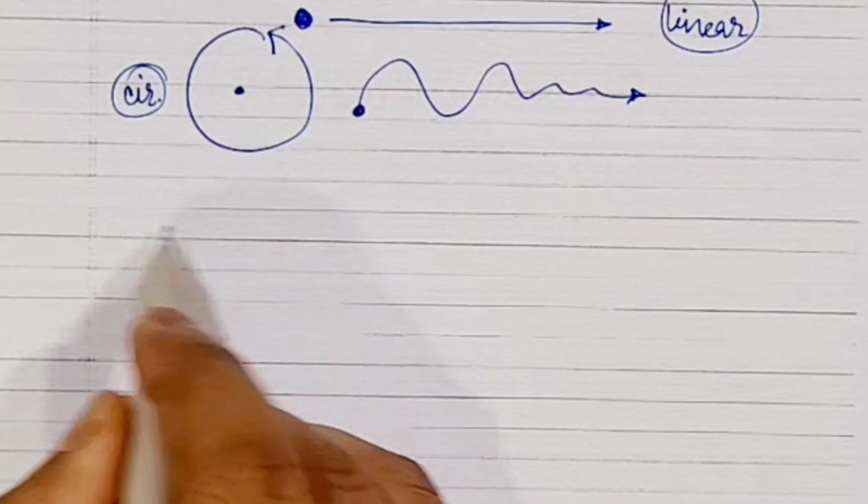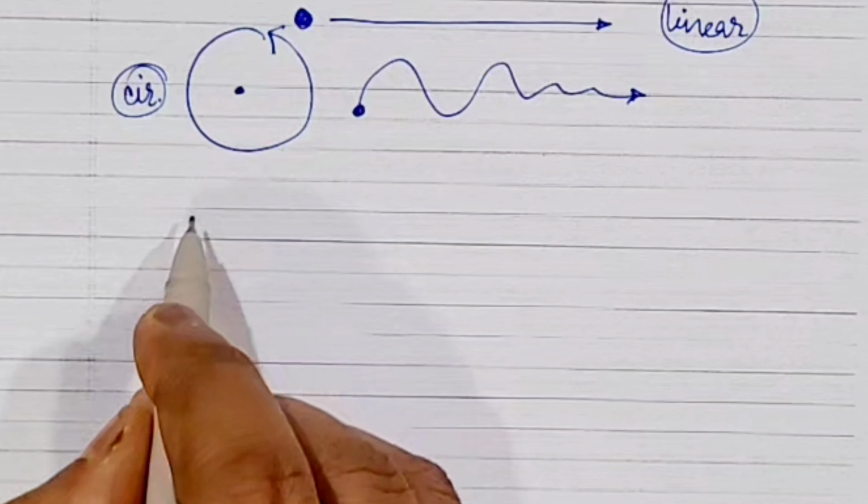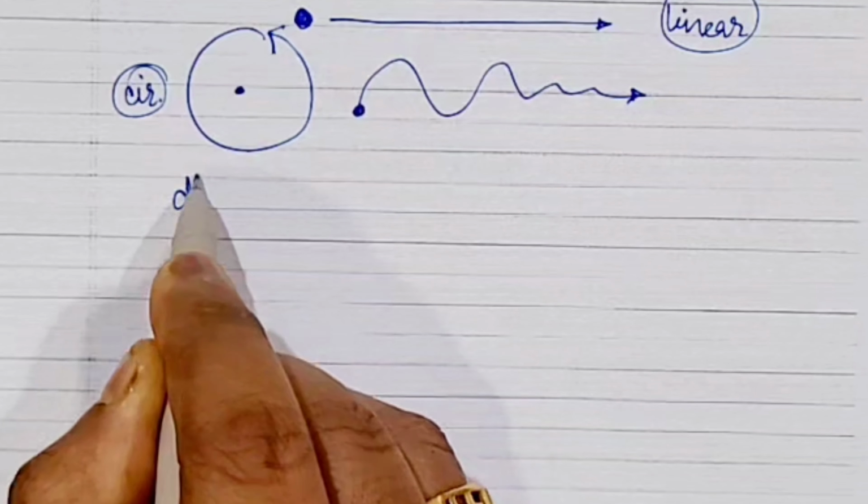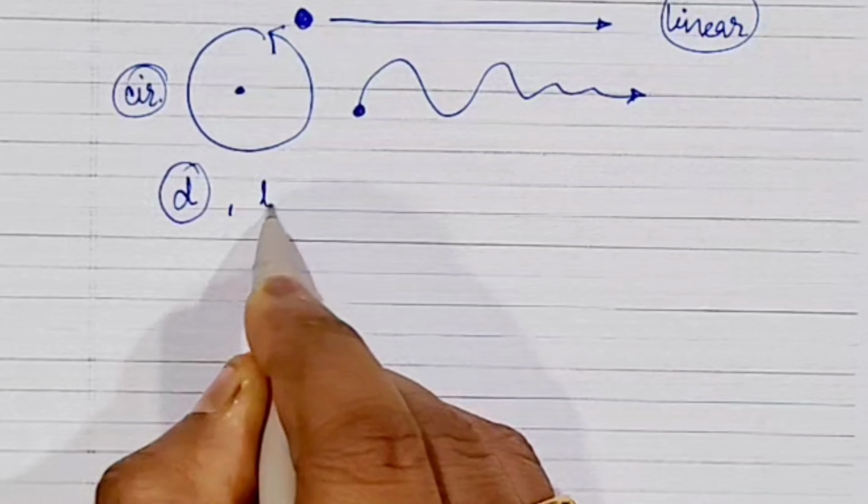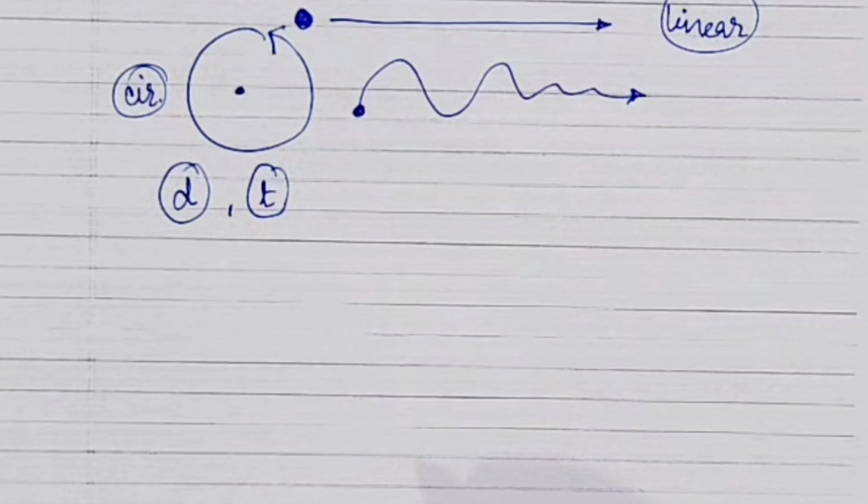So when we talk about motion, we also need to talk about a few other things, like what is the distance covered, how much time it has taken to cover such a distance, and so on and so forth. So what is distance?